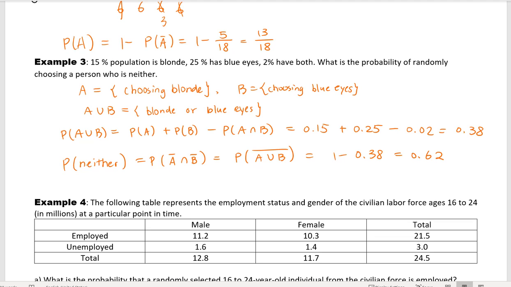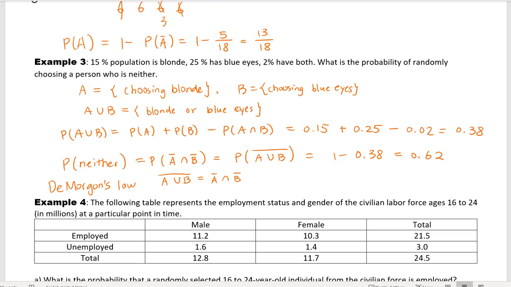And why is this true? This is actually De Morgan's law. The complement of A or B is A complement and B complement.